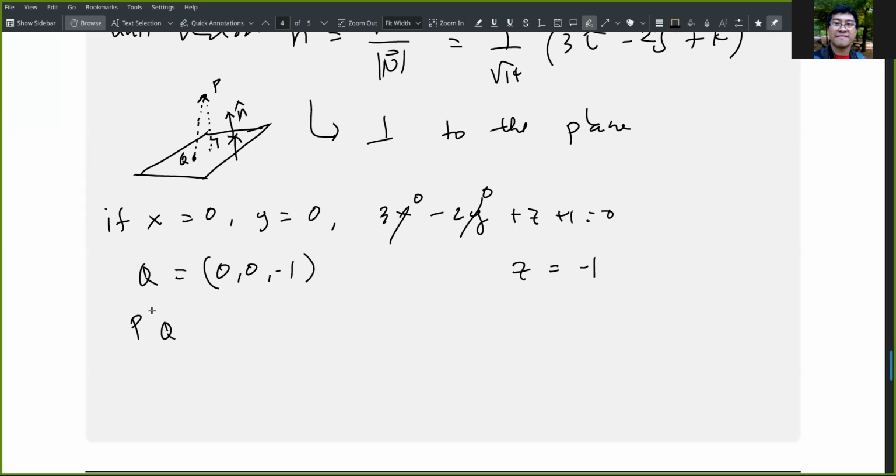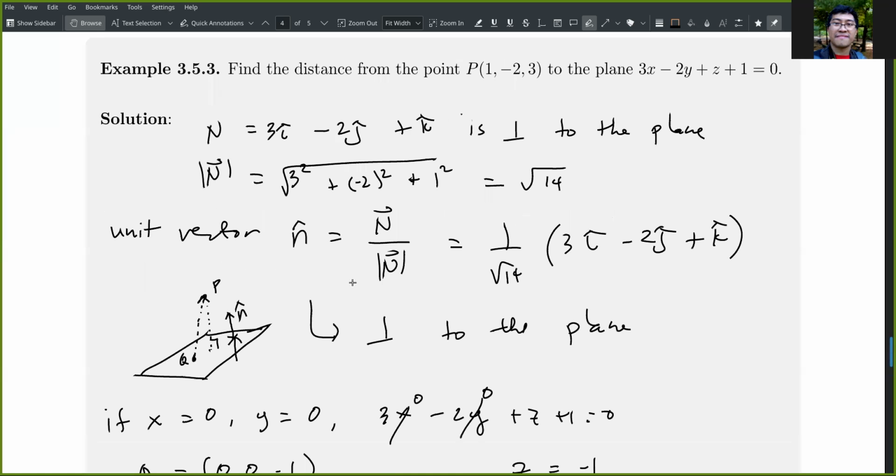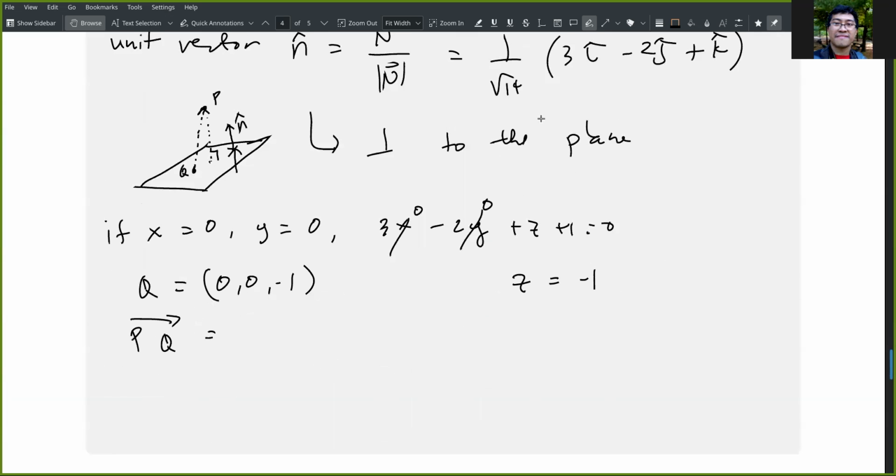PQ is (0, 0, -1) minus (1, -1, 2)... that would be negative 1, 2, and negative 4.